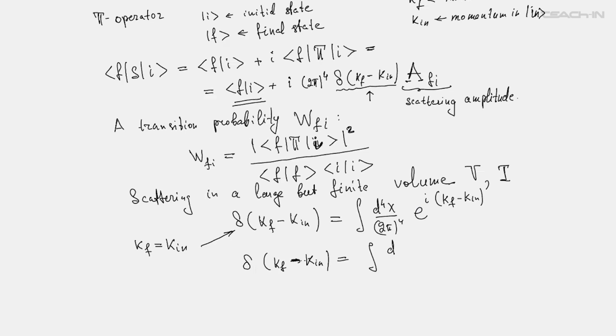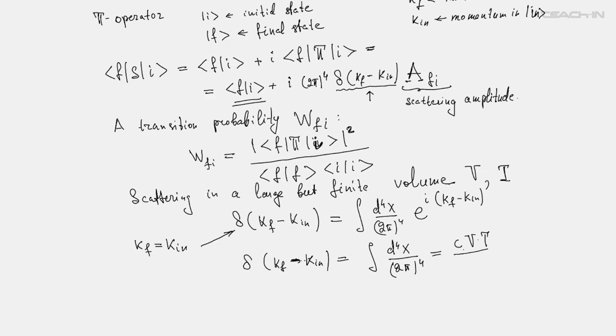And since K_f is set equal to K_in by the first delta function, we are simply left with this integral, which in the finite volume gives the contribution of c, the speed of light, times V times T. So cT is just the integral of dx^0 divided by (2 pi)^4.